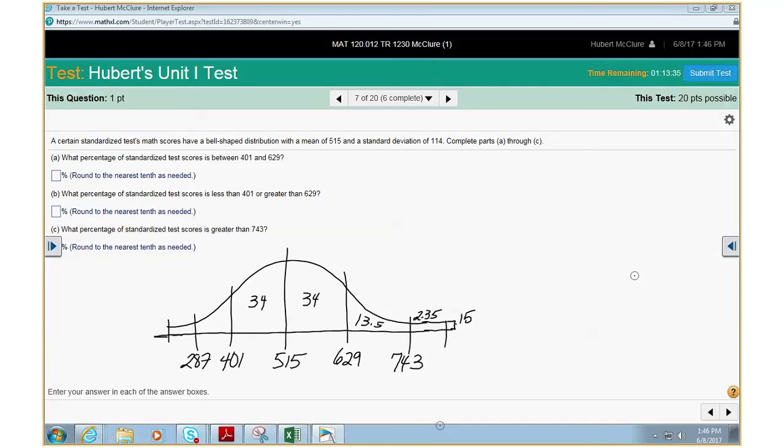And 0.15 here, and 2.35, and 13.5. All right, now you're ready for questions 1 through A through C.